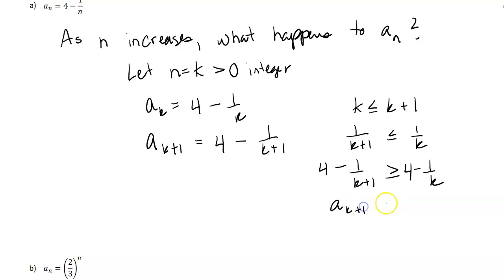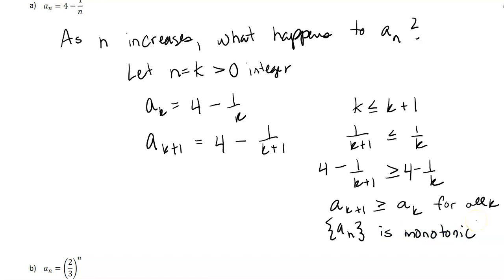So that means a sub k plus 1 is greater than or equal to a sub k for all positive integers k. Okay, so what that tells me then is that a sub k, or a sub n I guess we called it, is monotonic.